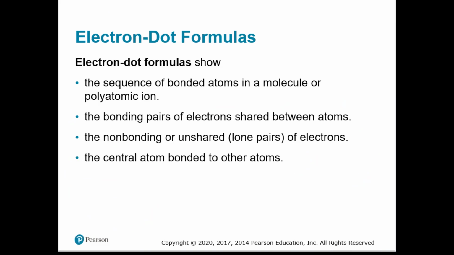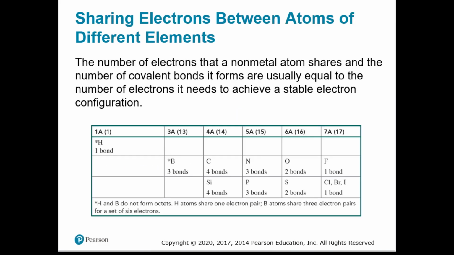Electron dot formulas show the sequence of bonded atoms in a molecule or polyatomic ion. It shows the bonding pairs of electrons that are shared between atoms, the non-bonding or unshared lone pairs of electrons, and the central atom that's bonded to other atoms. The number of electrons that a nonmetal atom shares and the number of covalent bonds it forms are usually equal to the number of electrons it needs to achieve a stable electron configuration.